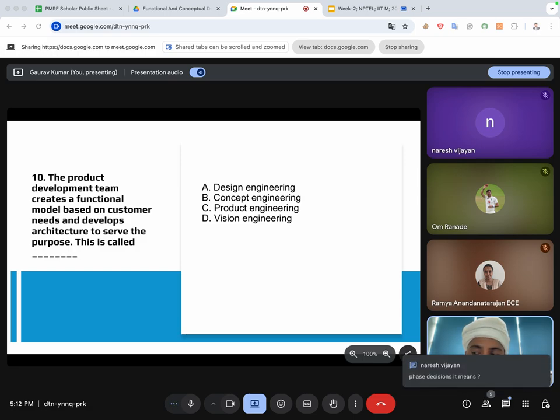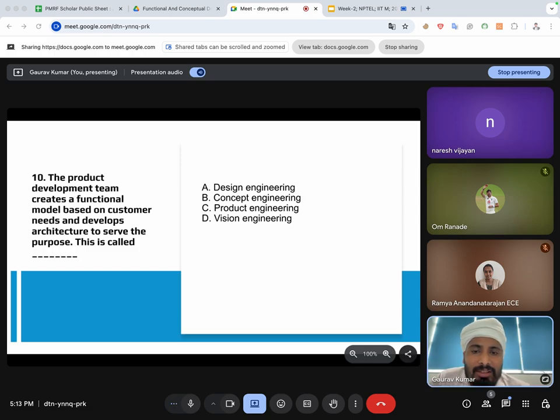That is a phase decision, it means. No. Gate analysis refers to reviewing the evaluation of the project's progress, quality, feasibility, and potential before allowing it to move to the next stage. We can also say phase analysis, right? So both are the same, I think.